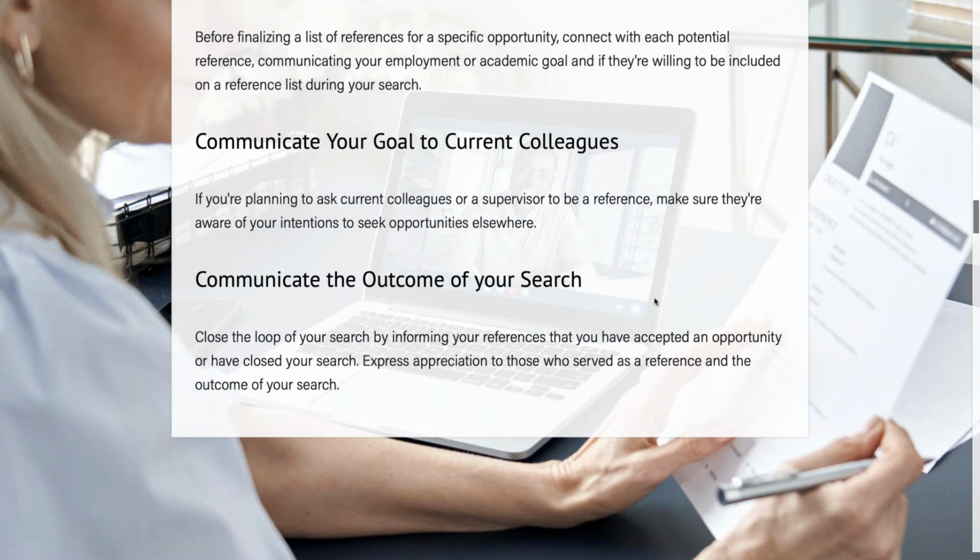So communicating that outcome and thanking them for their time and willingness to serve as a reference is going to be important, so that they're not questioning where you're at in that process.